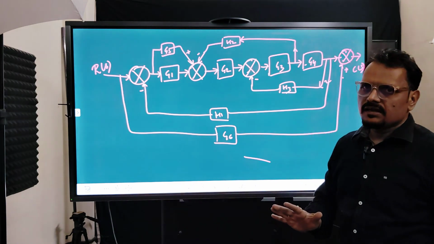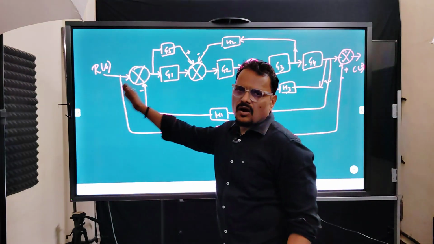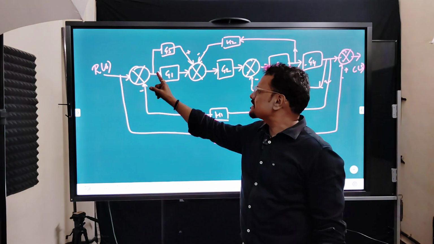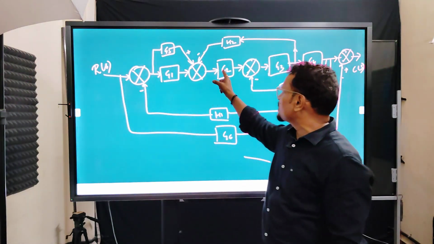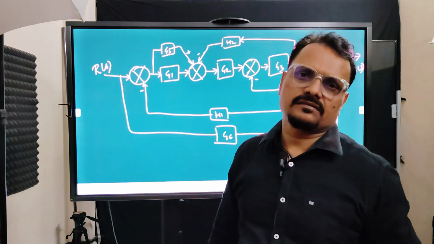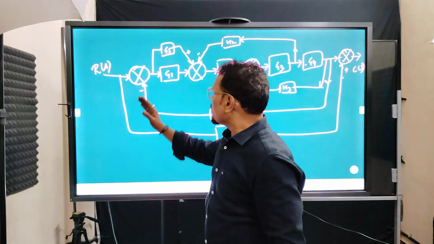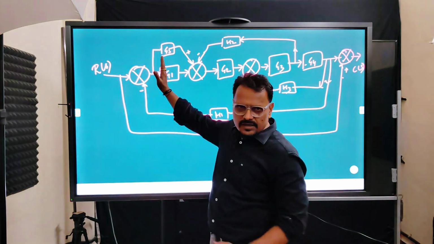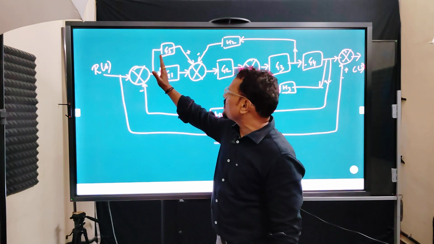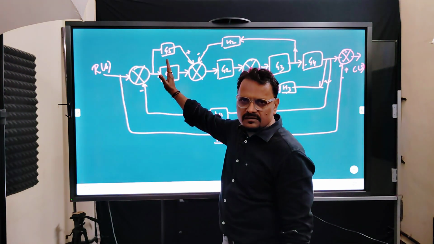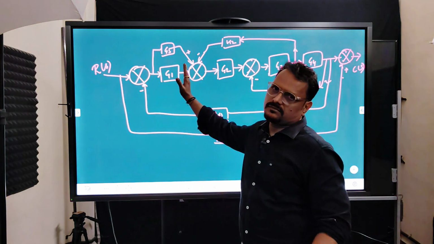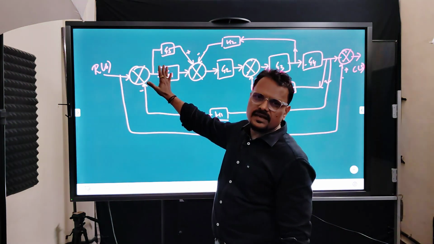Generally, the input is represented as R, the output is represented as C, and the forward blocks are represented as G. These G represent gain. Whatever input you are giving to that particular block gets multiplied with G1 and appears at the output of that block. So this is nothing but a gain.